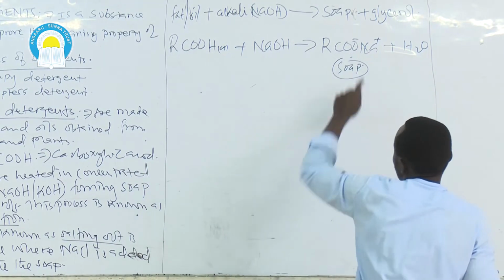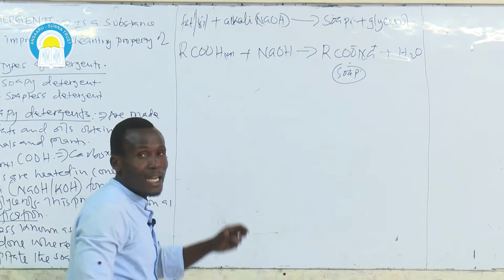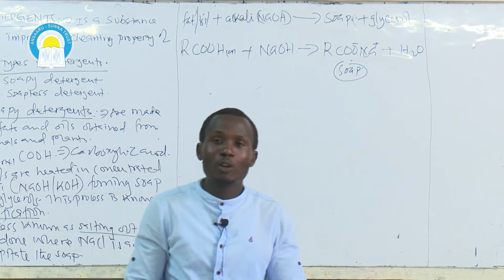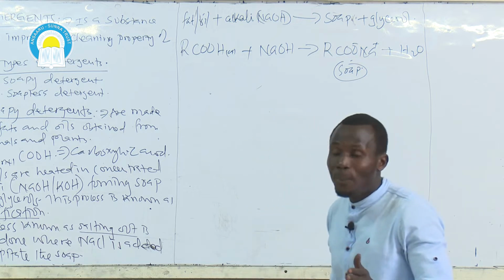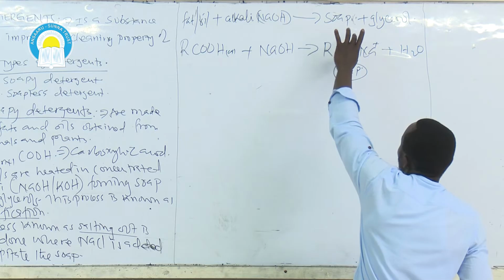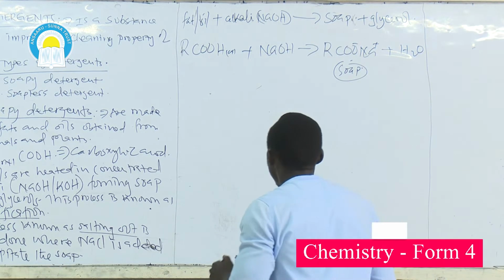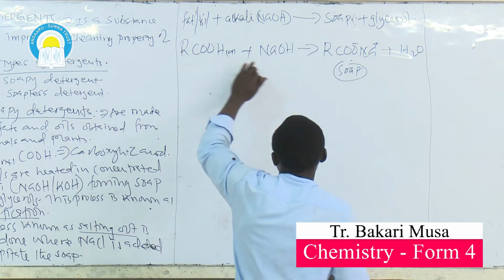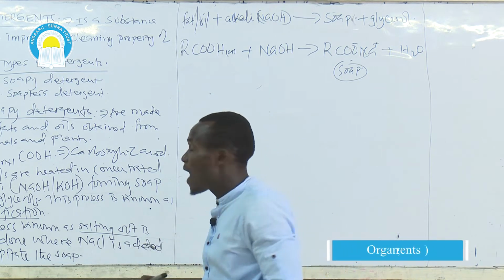Now, it contains the carboxylate part. The overall representation means that a soapy detergent is made of two parts. We have the polar part and the non-polar part. The polar part is where we have the charge, the carboxylate part and the sodium ions. It contains both partially positive and partially negative. And we also have the hydrocarbon part, which is non-polar.